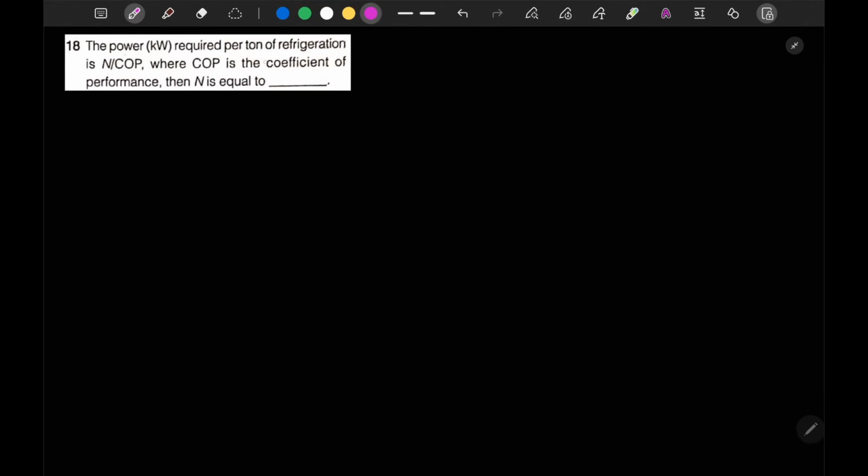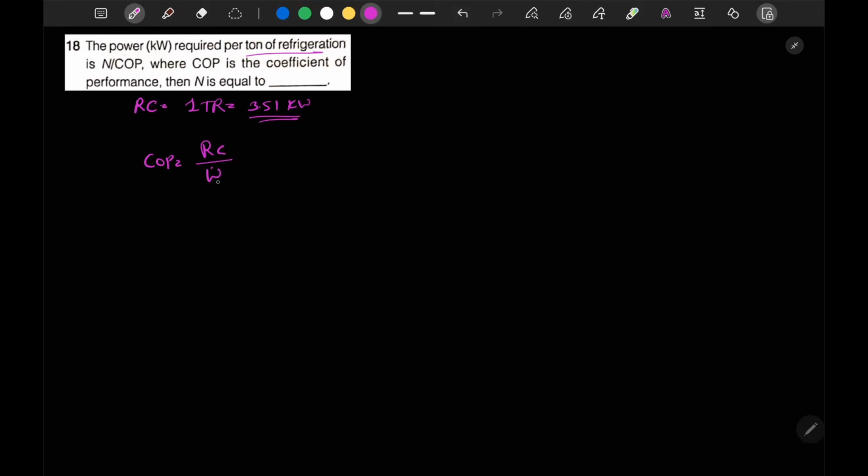It is mentioned, power required per ton of refrigeration. We are given that the refrigeration capacity is equal to 1 TR, which is 3.51 kilowatt. We know that COP is equal to refrigeration effect upon work input, or let's say refrigeration capacity upon work input.